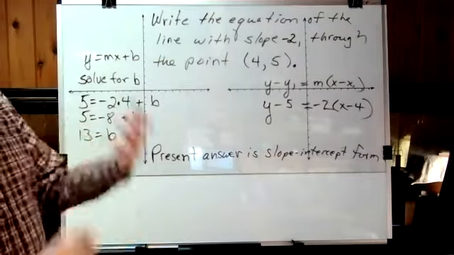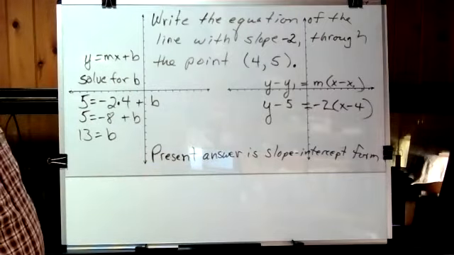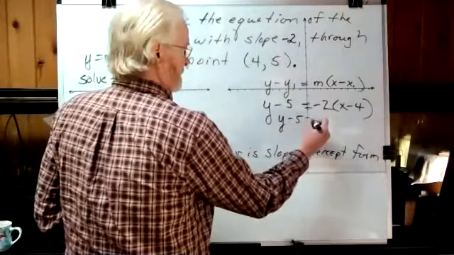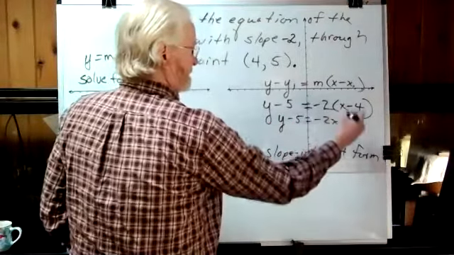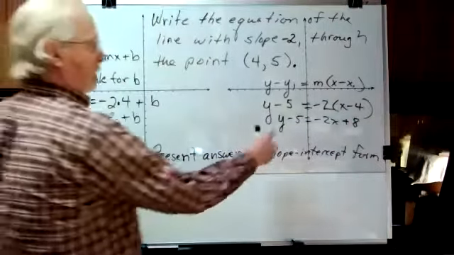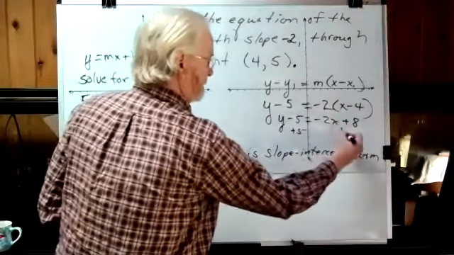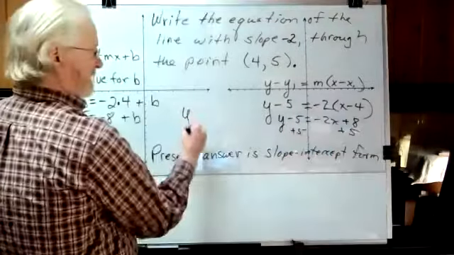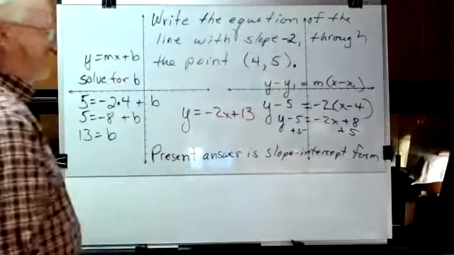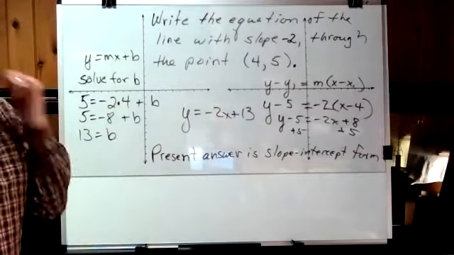Then you have to simplify, and it always involves distributing, right? -2x, minus minus is plus 8. Now I add the 5 to the other side, putting it in the middle for both of them. There's the equation using either technique. Funny looking 13.